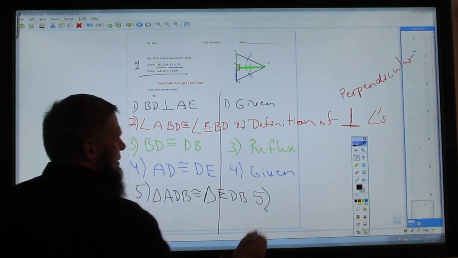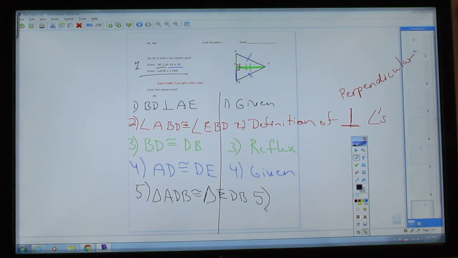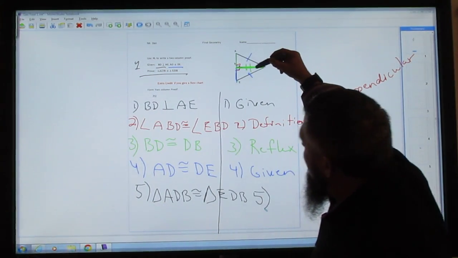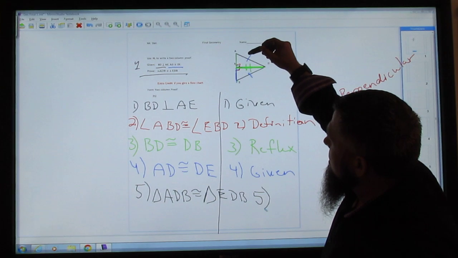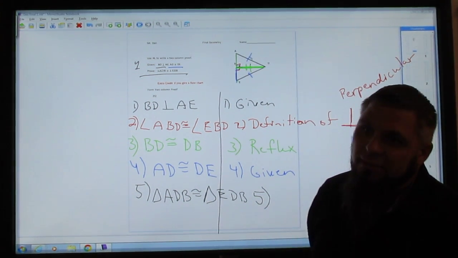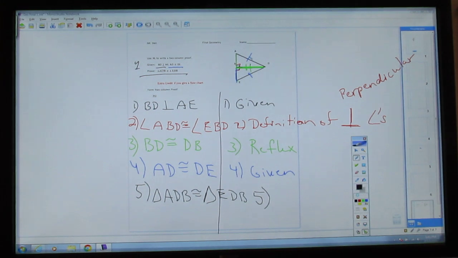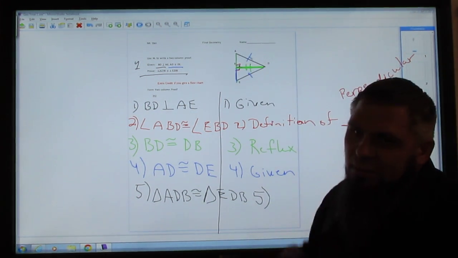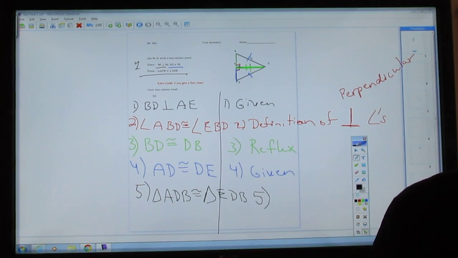Why? Because they're congruent. Angle, side, side, right? But wait a minute, angle, side, side only works if what? It has a right angle. So then, do I know that these are a right angle? Yes. Because they're right.